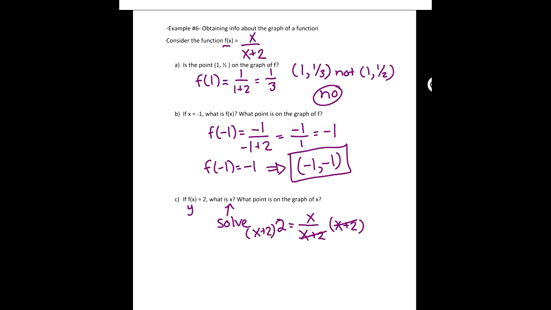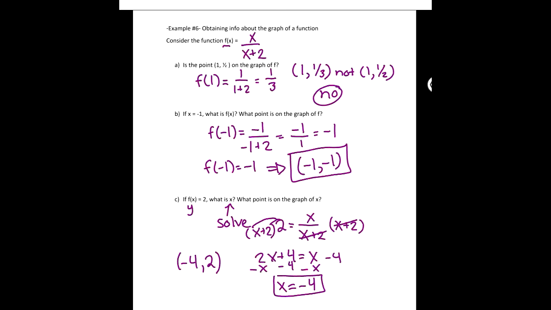And that gives me 2x plus 4 equals x, which then if I subtract x, subtract 4, I get x equals negative 4. So x equals negative 4 when f of x equals 2, which means the point negative 4, 2 would also be on the graph.